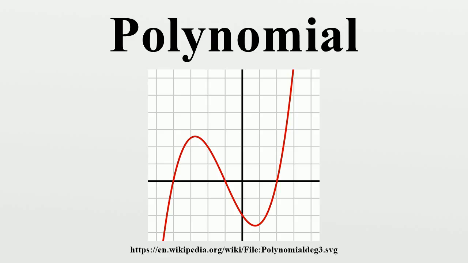The graph of a degree 2 polynomial, f equals a0 plus a1x plus a2x², where a2 is not 0, is a parabola. The graph of a degree 3 polynomial, f equals a0 plus a1x plus a2x² plus a3x³, where a3 is not 0, is a cubic curve.